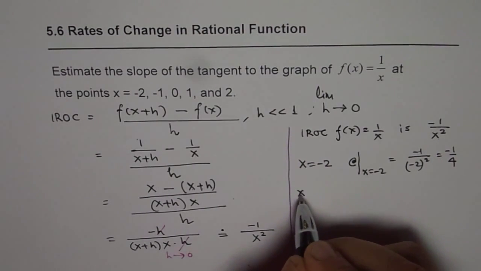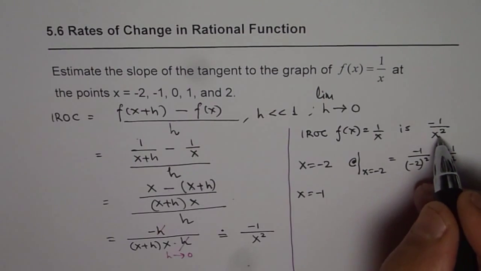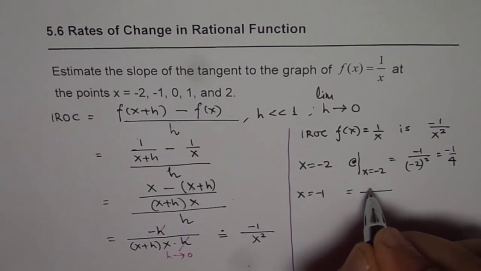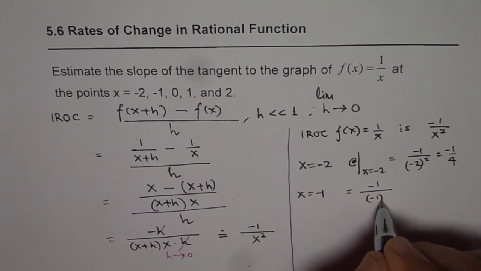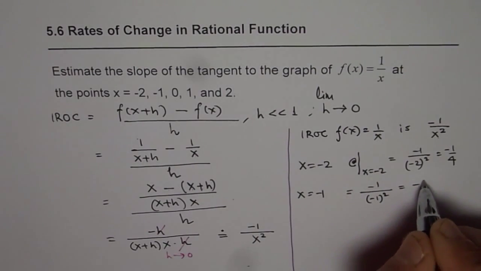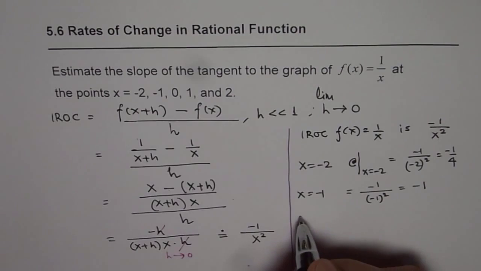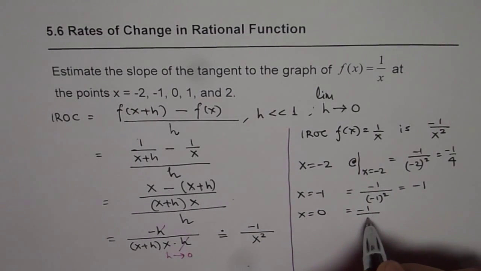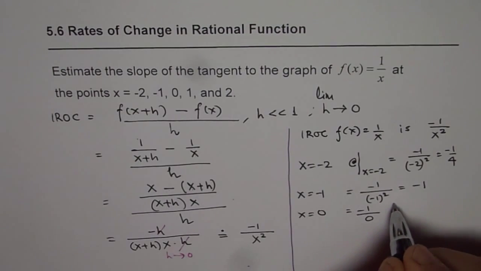Now at x equals -1, I'll substitute -1 here. That will be -1 over (-1) squared, which is -1. At x equals 0, I'll substitute 0 here. So I have -1 over 0 squared, which is 0, so it is undefined.